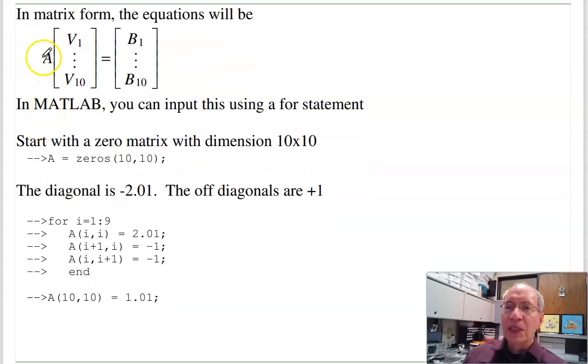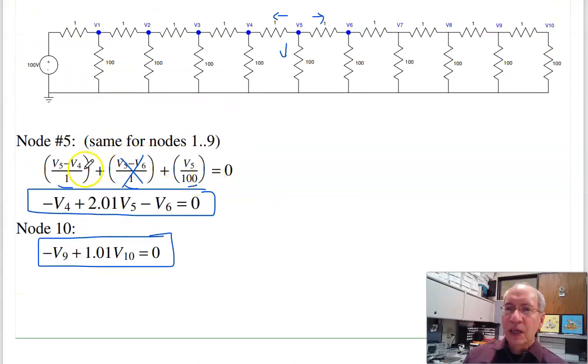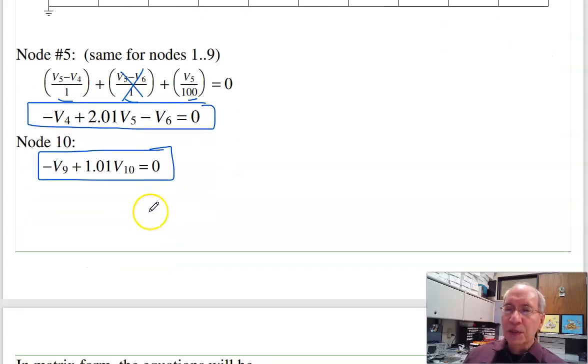I'm going to have some big 10 by 10 matrix times voltage as a 10 by 1 matrix. Almost all the elements are zeros. Notice over here, all the terms are 0 except the 2 neighbors and itself. In node 5, I've got 2.01 times V5. At node 4, 2.01 times V4. So the diagonal is 2.01, off diagonal is 1.